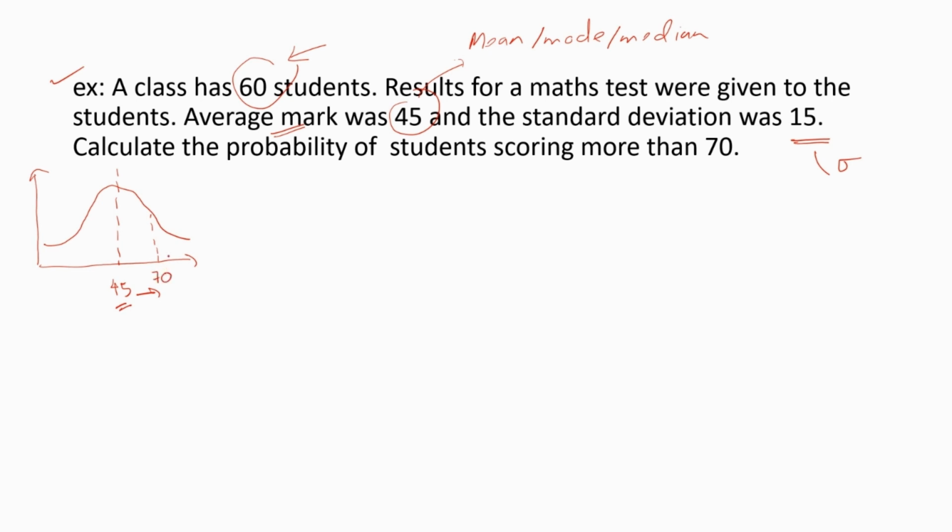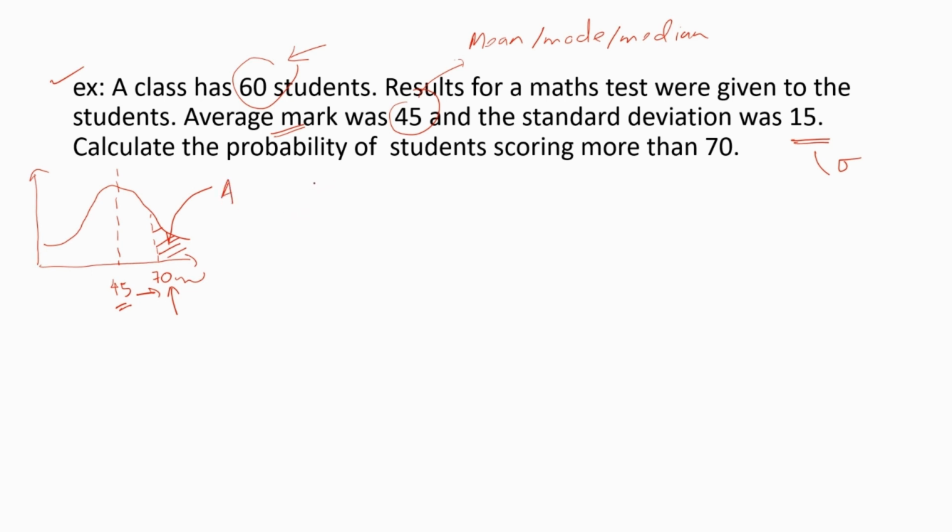What we have to find is this area, because this is the area which represents more than 70, because this is the 70 and all of this area represents the more than 70 marks. So what we have to find is this area, let's say A.